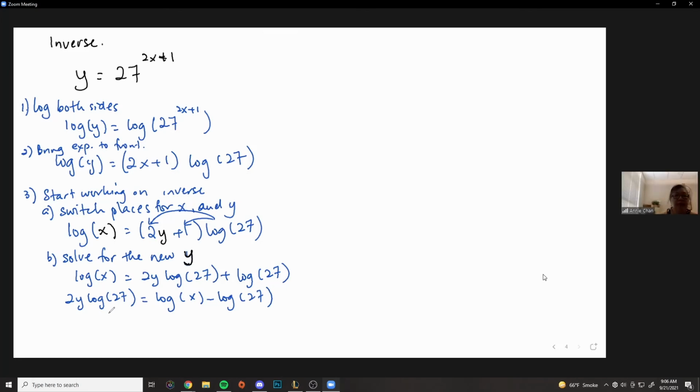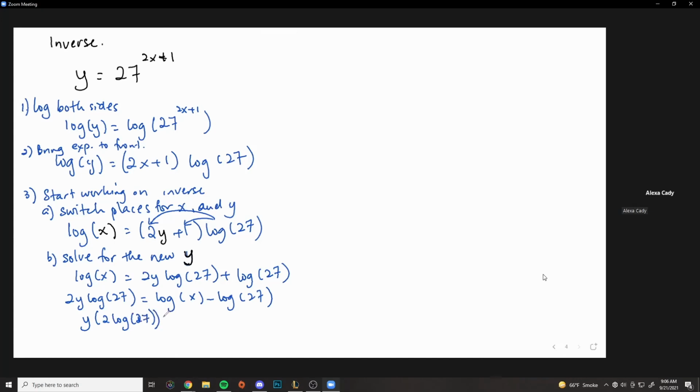Okay, now what do I do? Do you factor out the y so that you get it by itself? Well, technically, I only have one y. I don't really need to, it's already factored out somewhat, right? But I can. Do you divide the other side by 2 log of 27?